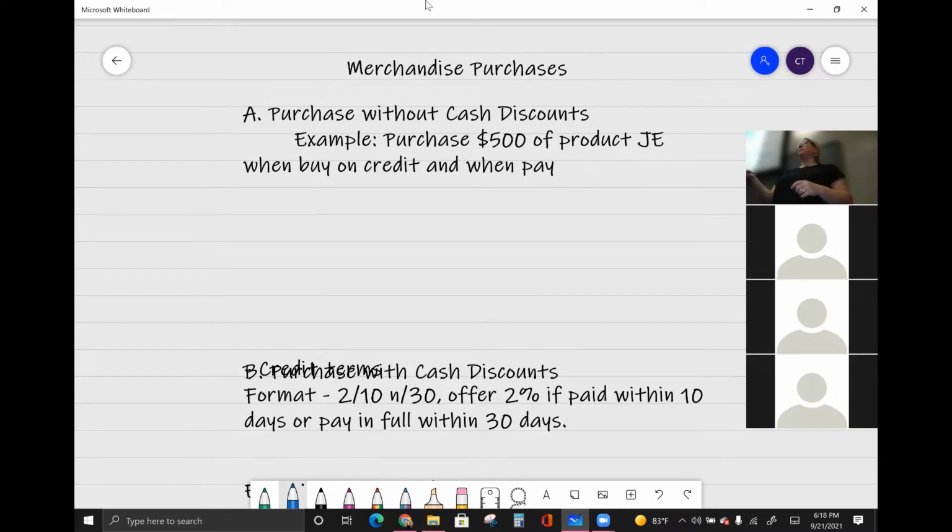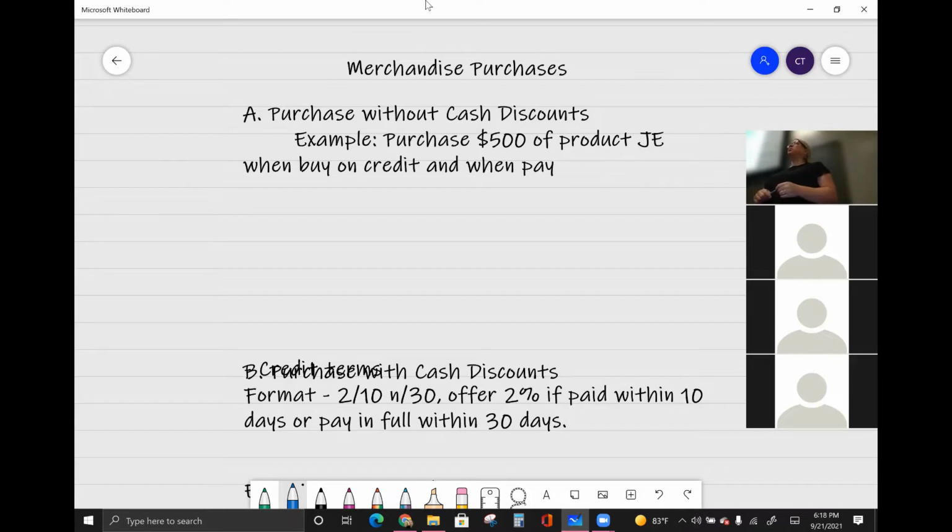I'm going to be liable to pay for that product in the future. What is a normal balance for a liability? A debit or a credit? A credit. And I'm receiving inventory. What type of account is an inventory? It's inventory. Asset. Yes, asset.